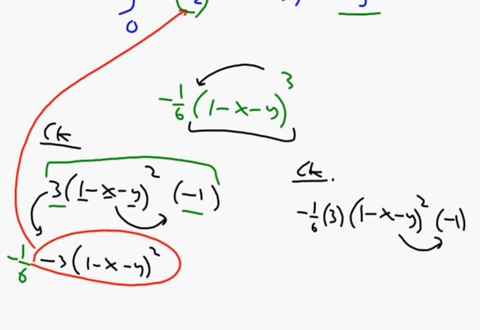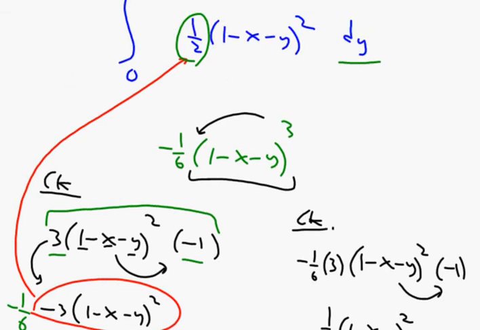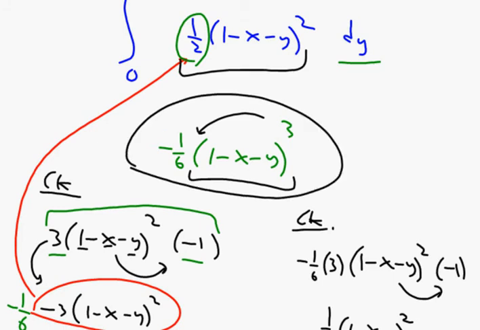Well, isn't that nice? Because now look what you end up with: 1/2 times (1 minus x minus y) squared, which is exactly what I wanted this to give me. So now I know that this expression here is the antiderivative of that thing with respect to y.